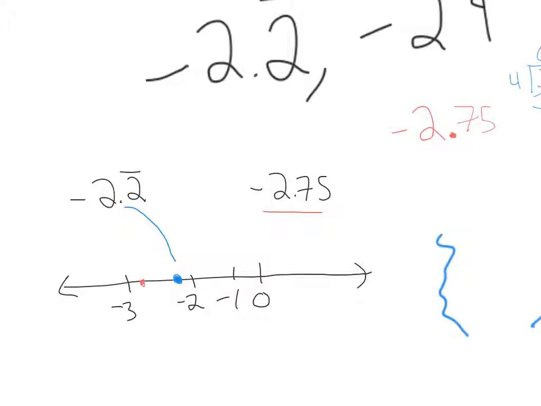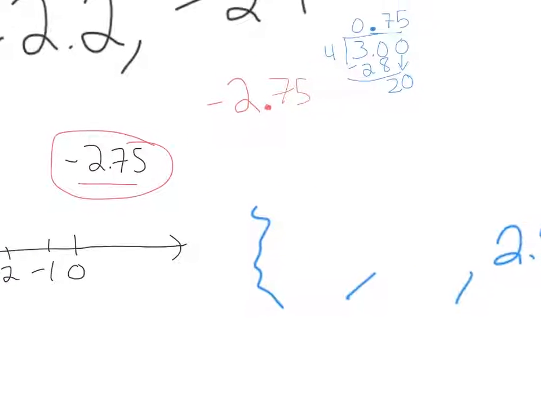That's really close to negative 3. Okay, so which number is smaller? The number that is more to the left, which is this guy right here, negative 2.75. He is going to be the smaller number. So that is the least number in our final answer.